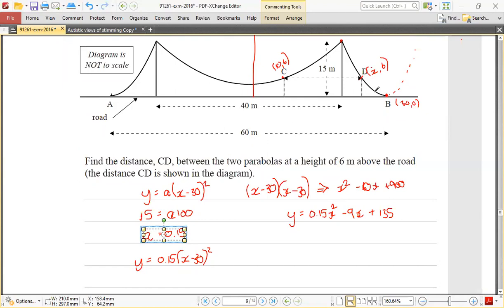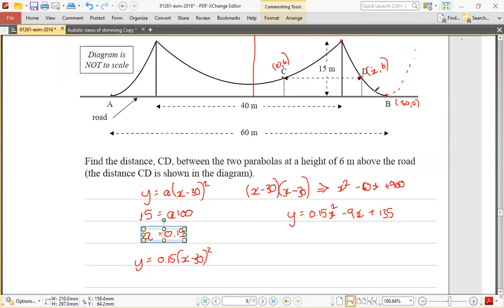0.15, minus 9, 135. Solve. It says something times 2. But what happened to our 6?